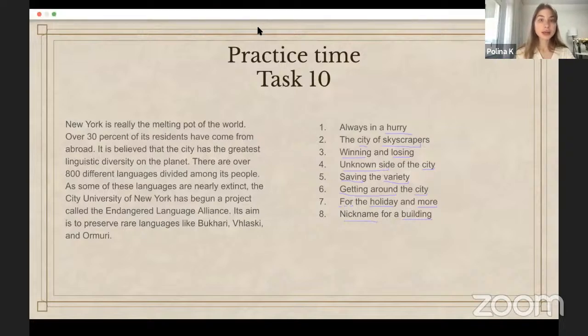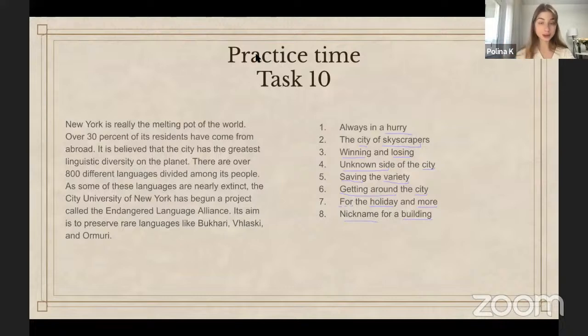And as soon as you are ready, you may put your answer in the chat. Okay, already receiving number 5. Let's wait a little more. Maybe someone else decides to share. Number 5. Okay, so the vast majority of us, yeah, have agreed upon the 5th one. So I also join your choice. So number 5 appears to be the best option here.